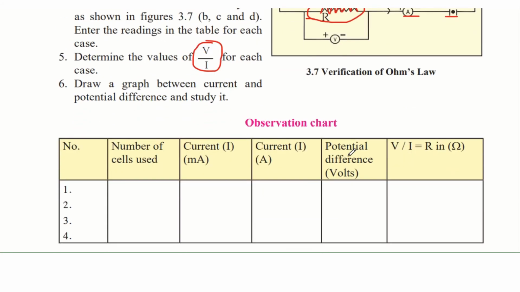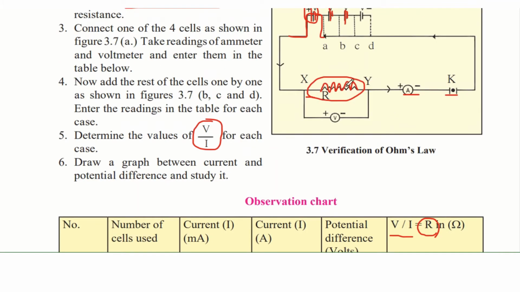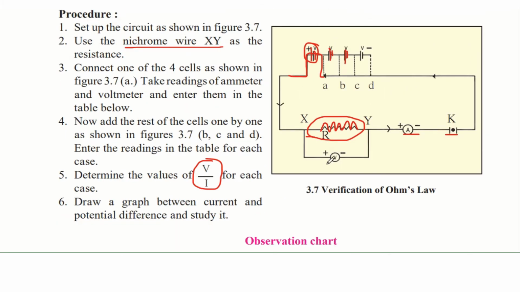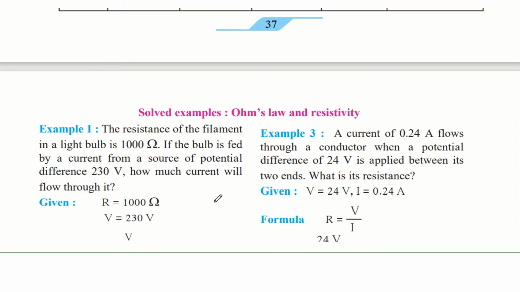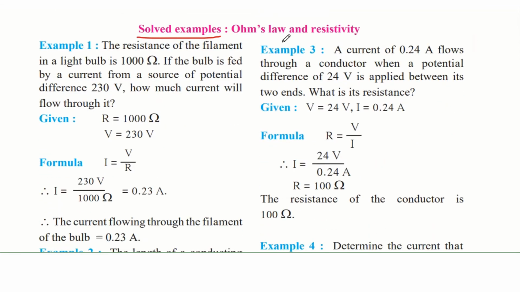But they change in such a way that when you do V upon I, you will find that R is always constant. Because we are not changing the resistance, R will be constant no matter how many cells you add. Now let us do some solved examples using Ohm's law and resistivity.